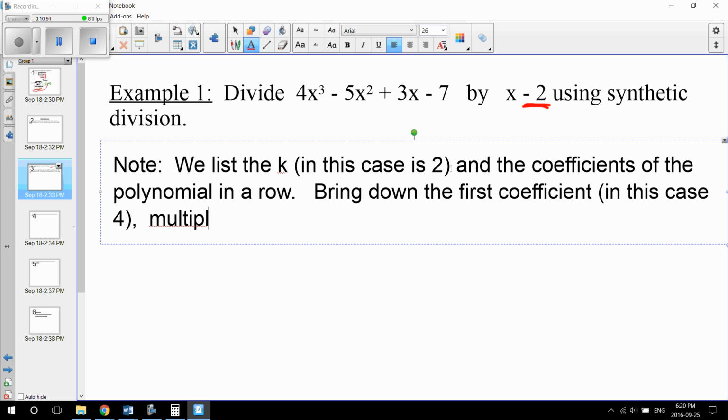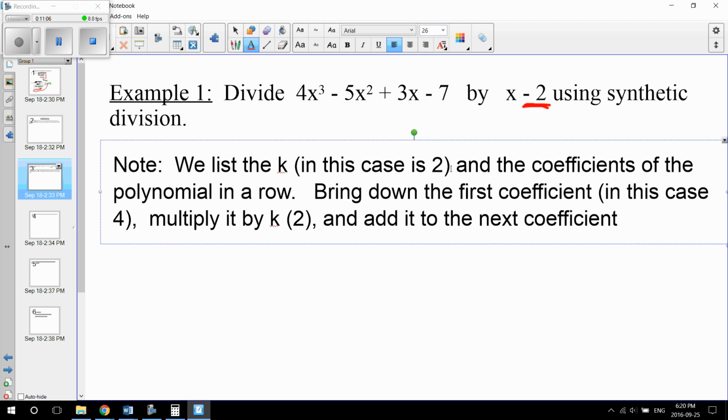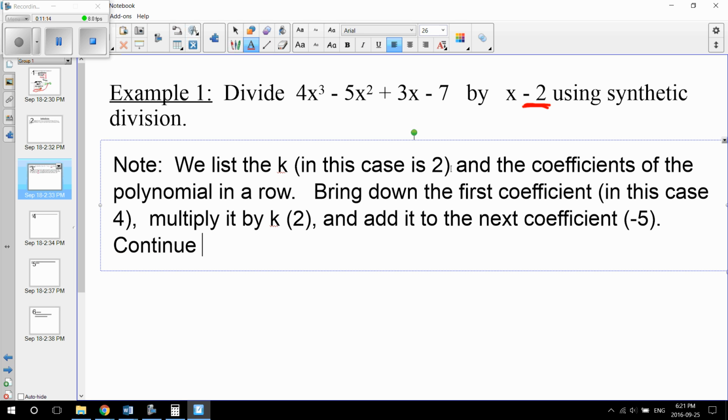Then we're going to multiply it by the k value, which again is a 2, and add it to the next coefficient. So that equals a negative, or sorry, which is a negative 5. Then we're going to continue this chain until the end.